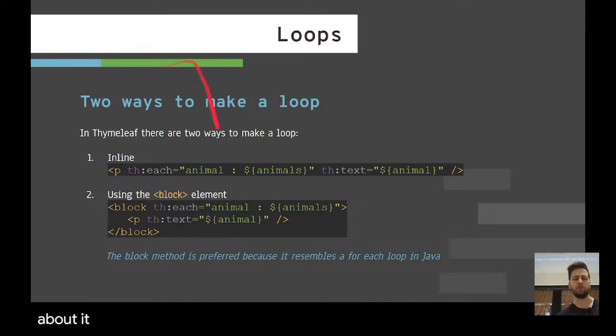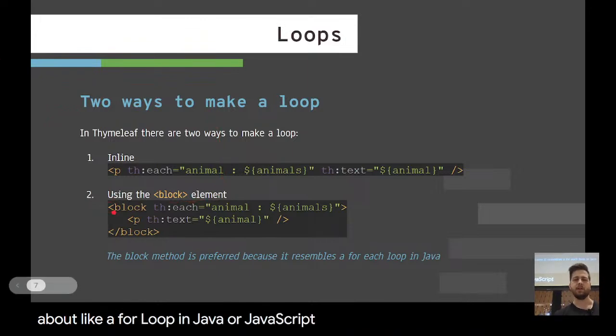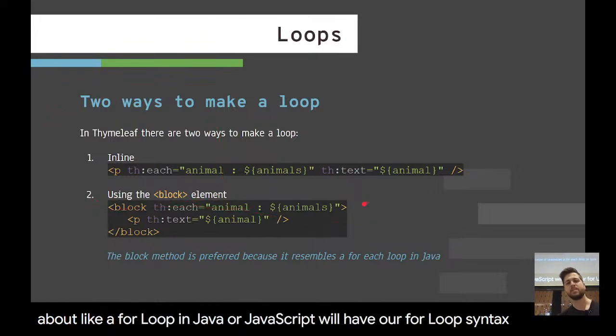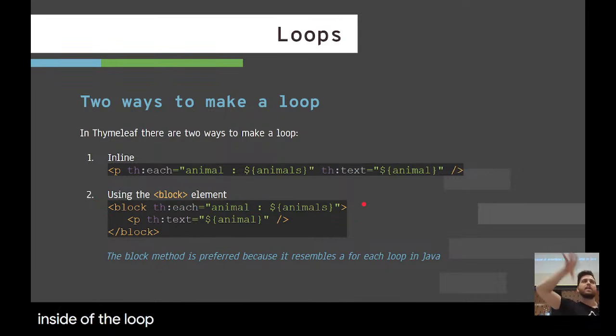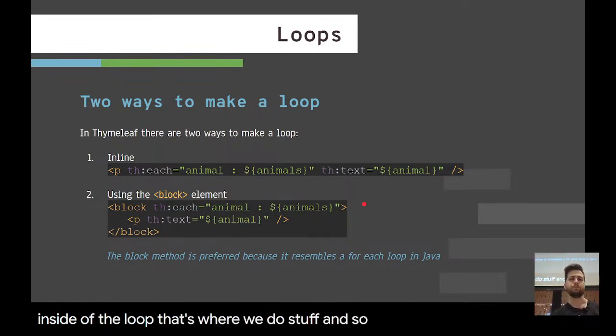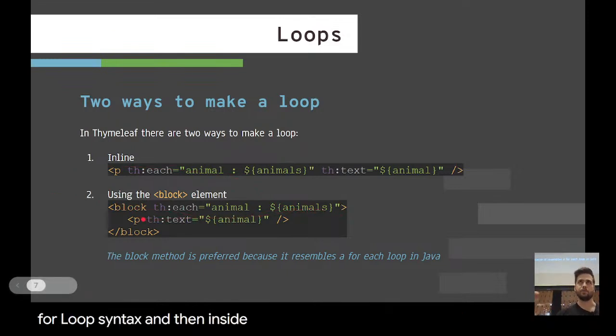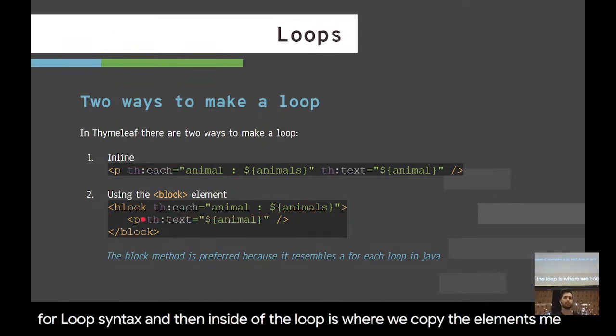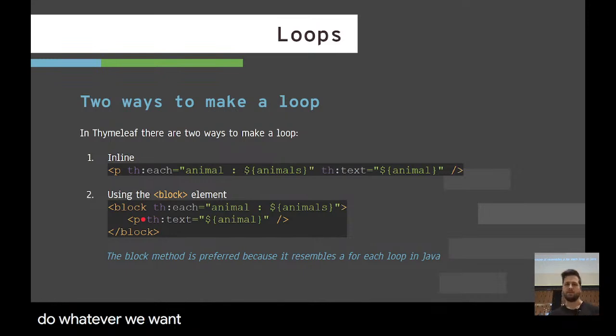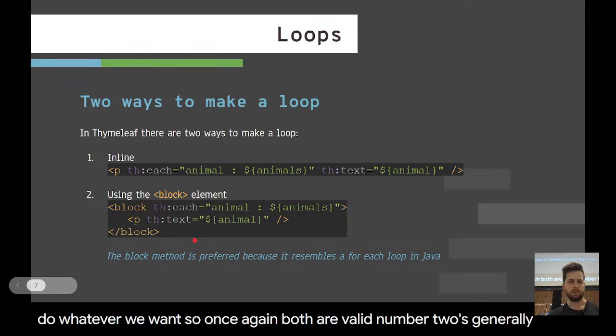If you think about a for loop in Java or JavaScript, we'll have our for loop syntax, and then inside of the loop, that's where we do stuff. And so in this example, we have our for loop syntax, and then inside of the loop is where we copy the elements and do whatever we want. So once again, both are valid. Number 2 is generally preferred.